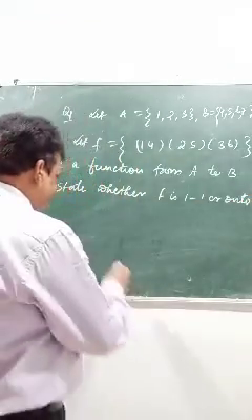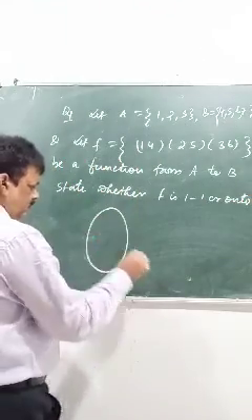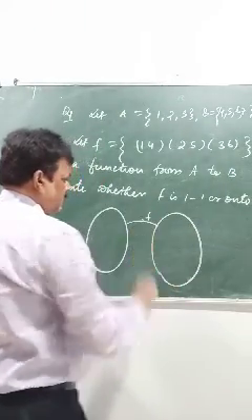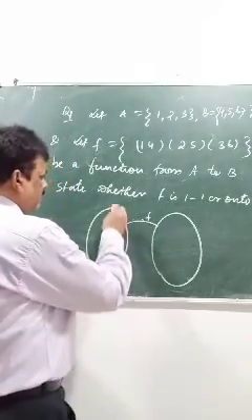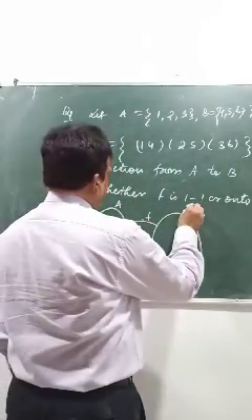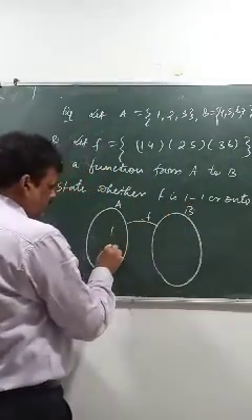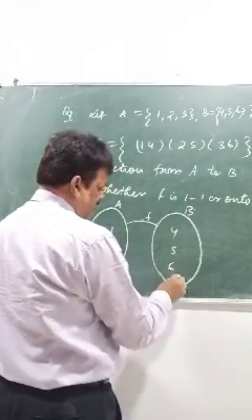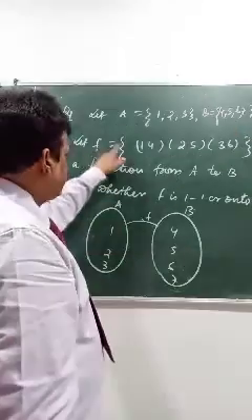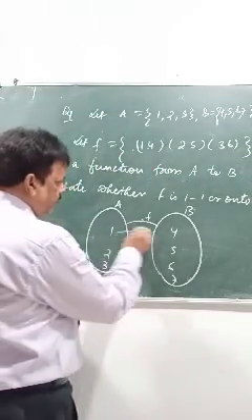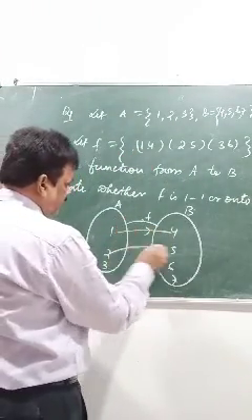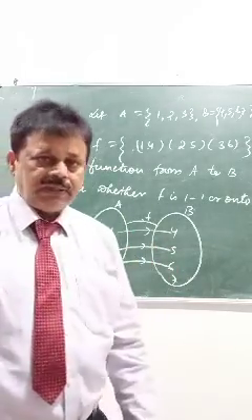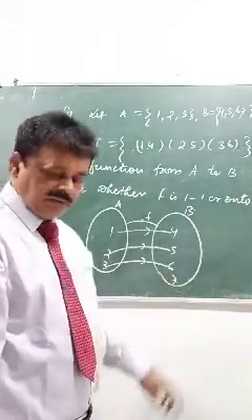Very simple. A to B: 1, 2, 3 and 4, 5, 6, 7. What is f? (1,4) means 1 is going to 4, 2 is going to 5, 3 is going to 6. So what is your conclusion? It is 1-1 but not onto.